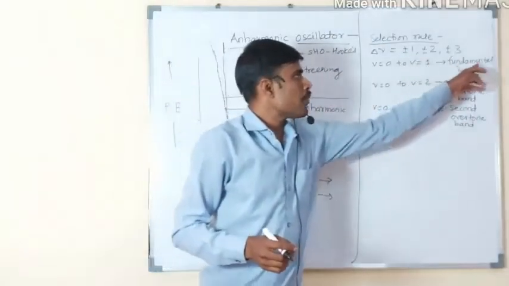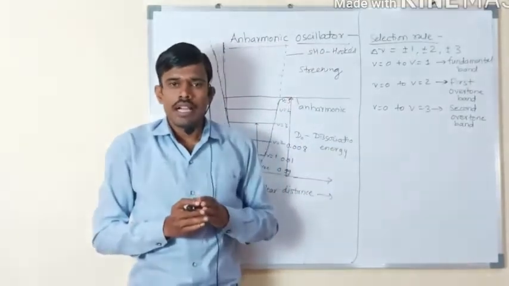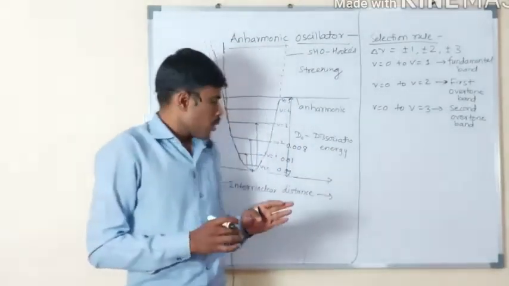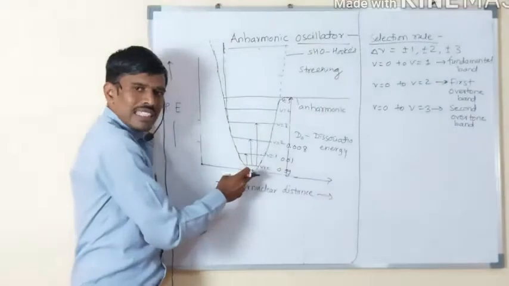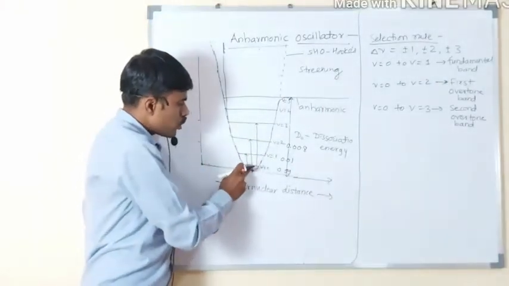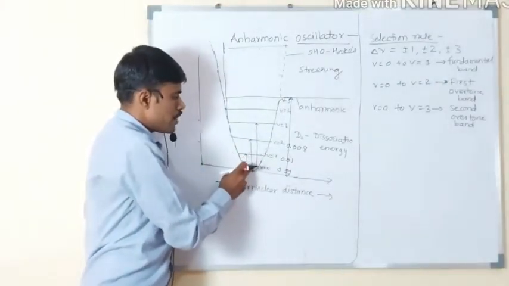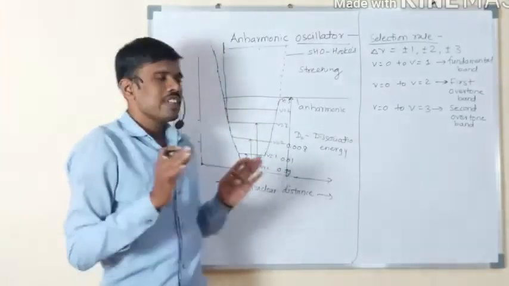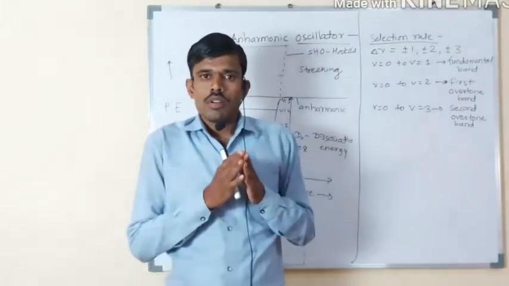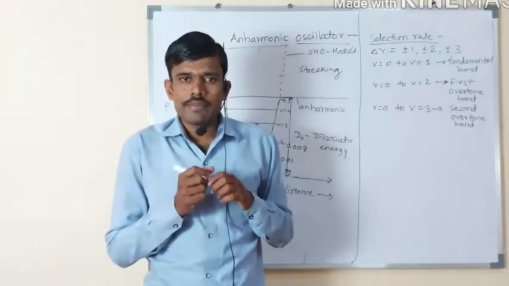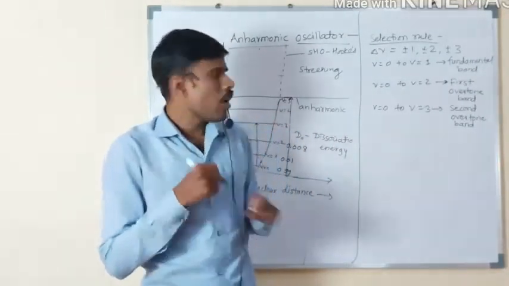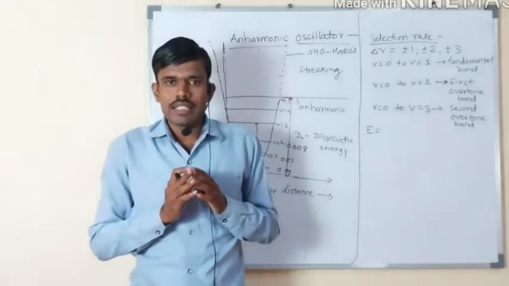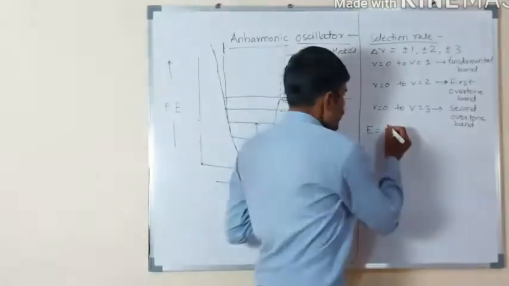So three types of bands are observed in the spectrum, due to the transitions of the molecule from V equal to 0 to V equal to 1, from V equal to 0 to V equal to 2, and from V equal to 0 to V equal to 3.